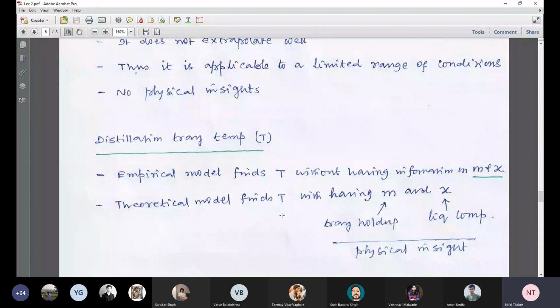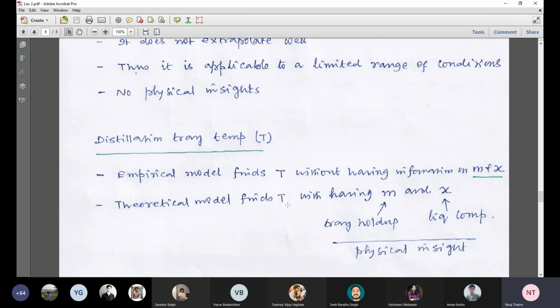But if you go for a theoretical model, it develops the model not only in terms of temperature, but also in terms of tray holdup and X. In fact, this tray holdup and tray composition information is required for the development of the model in terms of temperature T. So from the theoretical model, you can have the distillation dynamics in terms of temperature T, holdup M, and liquid composition X. Okay, dynamic means temperature versus time, tray holdup versus time, X versus time.